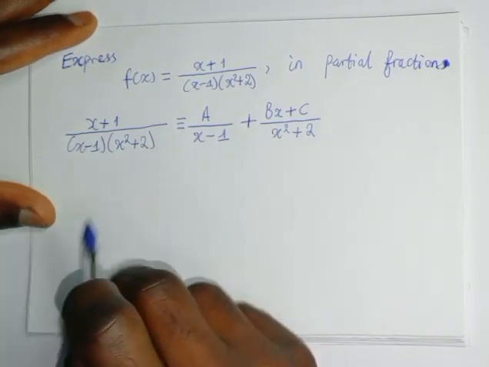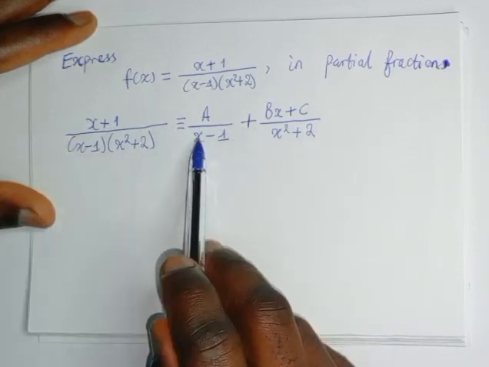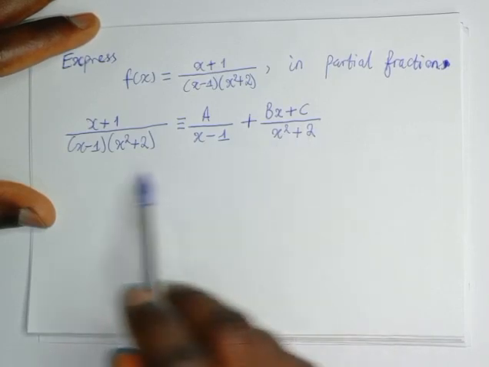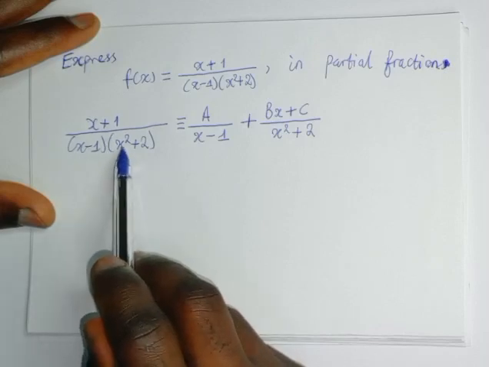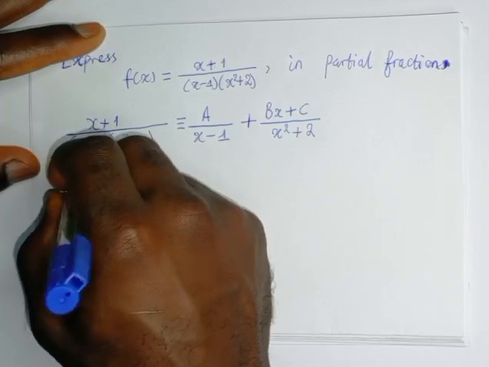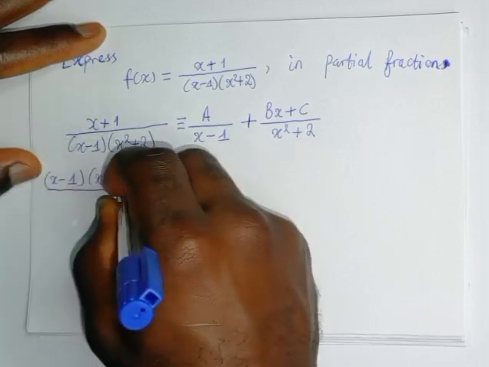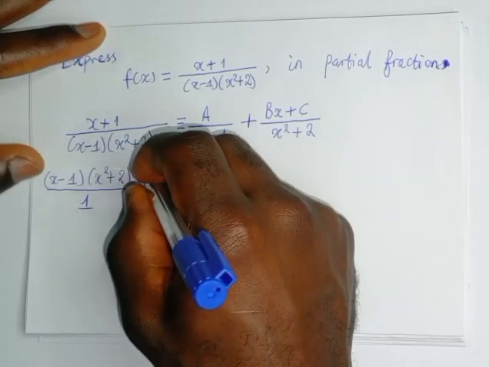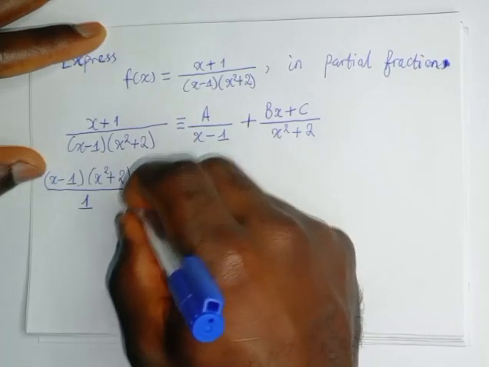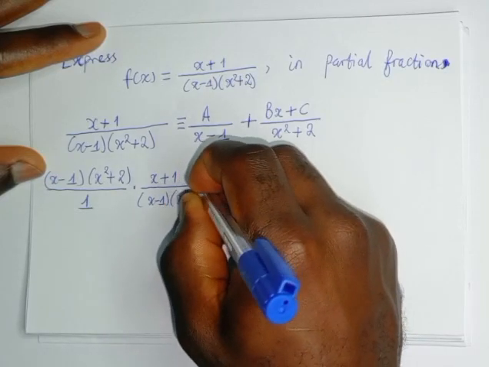Now the next thing, we are going to multiply all through by the LCM of x minus 1 and x squared plus 2. And the LCM is simply x minus 1 times x squared plus 2. We multiply the left hand side by (x minus 1) times (x squared plus 2) over 1 times (x plus 1) all over (x minus 1) times (x squared plus 2).